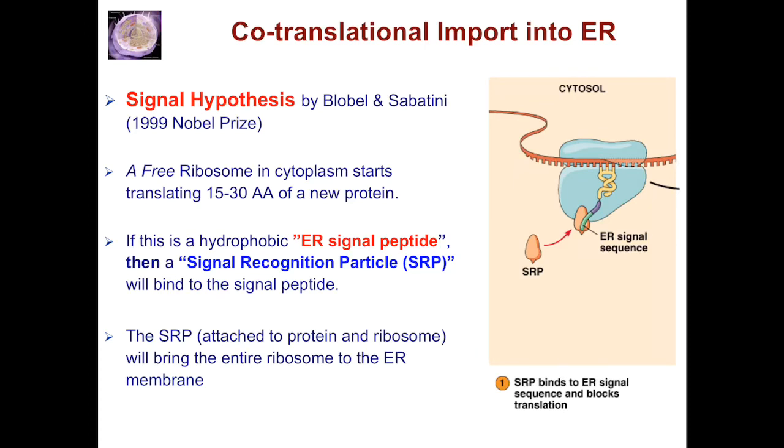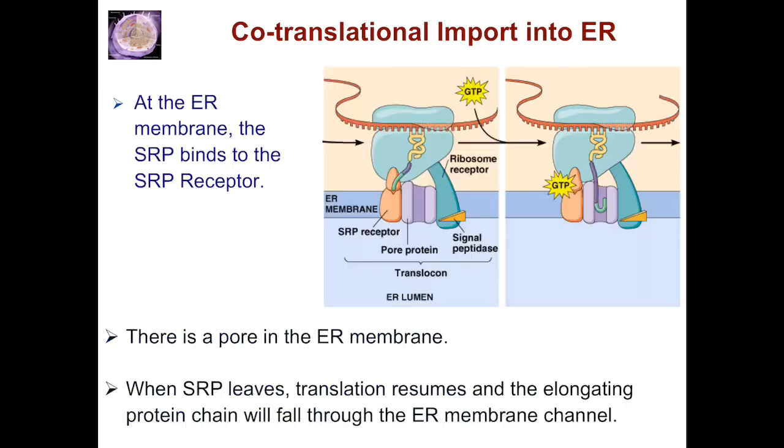If this 15 to 30 amino acids happens to be the hydrophobic ER signal peptide, then a signal recognition particle, or the SRP, will come and bind to the signal peptide. And the SRP will then bring the entire protein and ribosomes to the ER membrane.